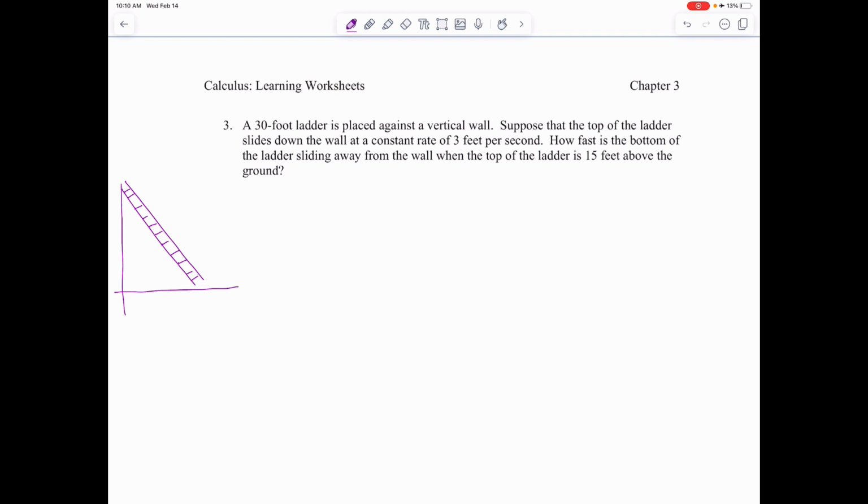We'll label the height of the ladder A. We'll label the distance from the bottom of the ladder to the wall B, and we'll label the length of the ladder C. Just to highlight our triangle here.